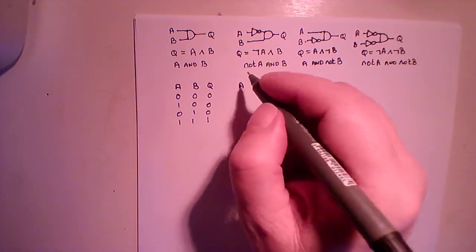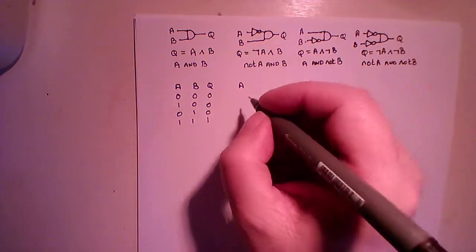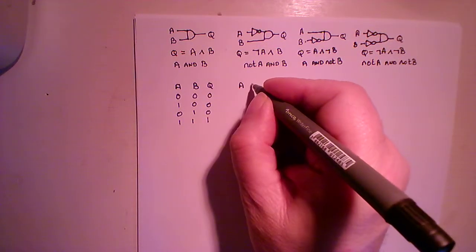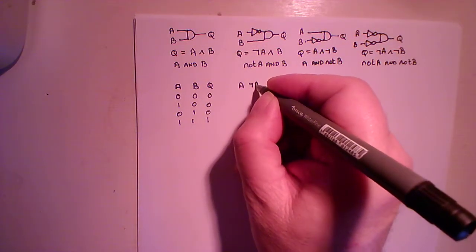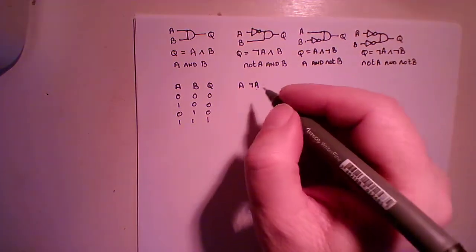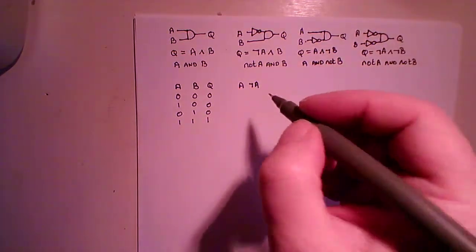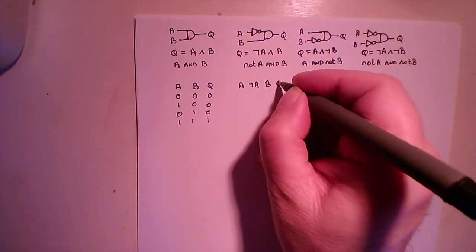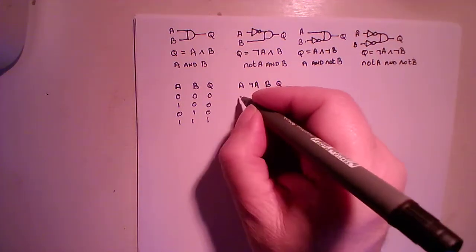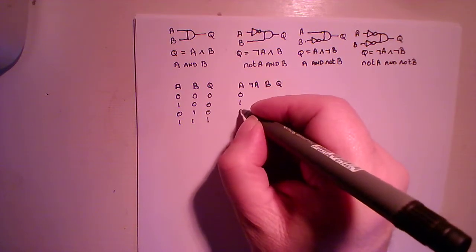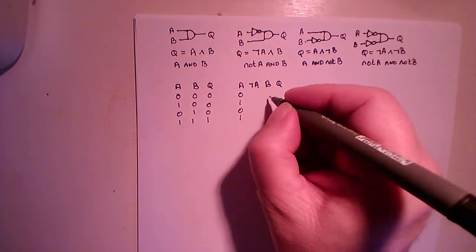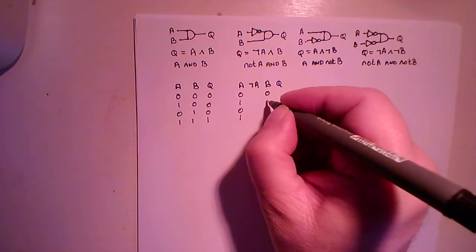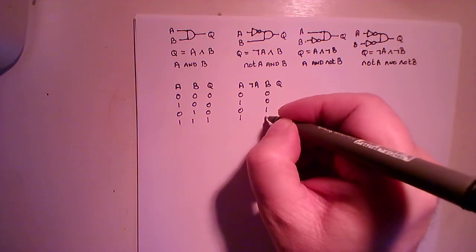So I'm actually going to do A, then I'm going to write NOT A, and I'm using the symbol just to keep it squished in, and then I'm going to have B before Q. So I'm going to write my A's down normally, 0, 1, 0, 1, and my B's down normally, 0, 0, 1, 1.